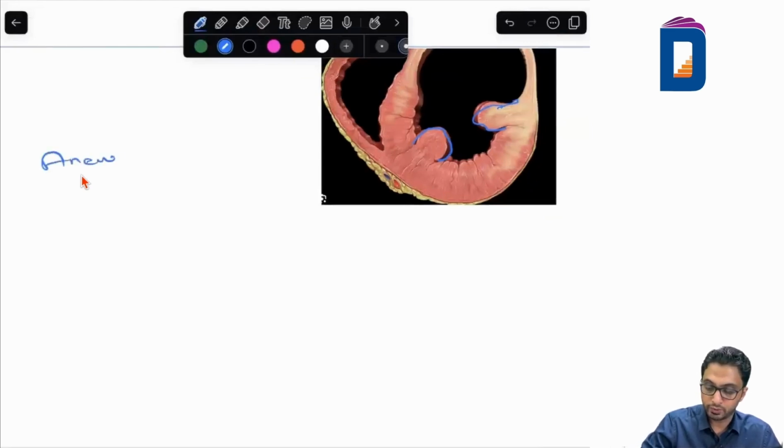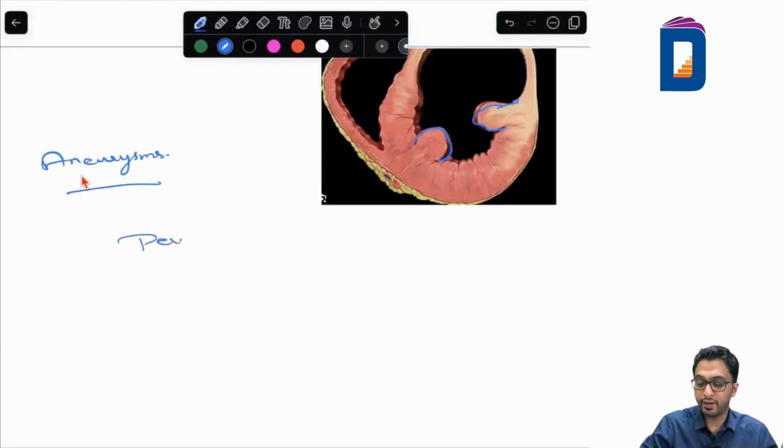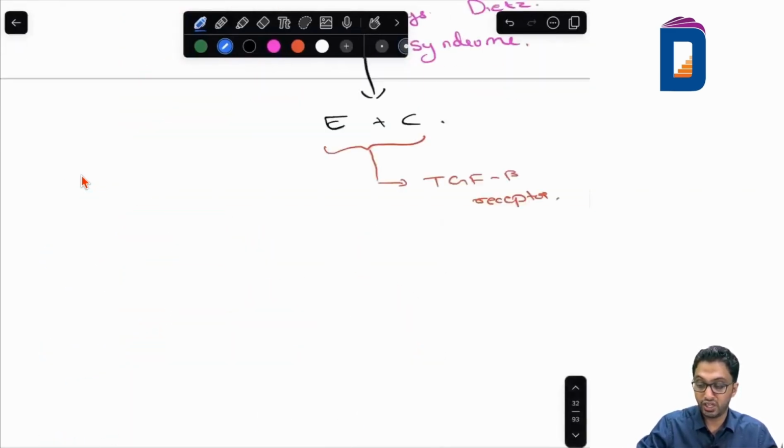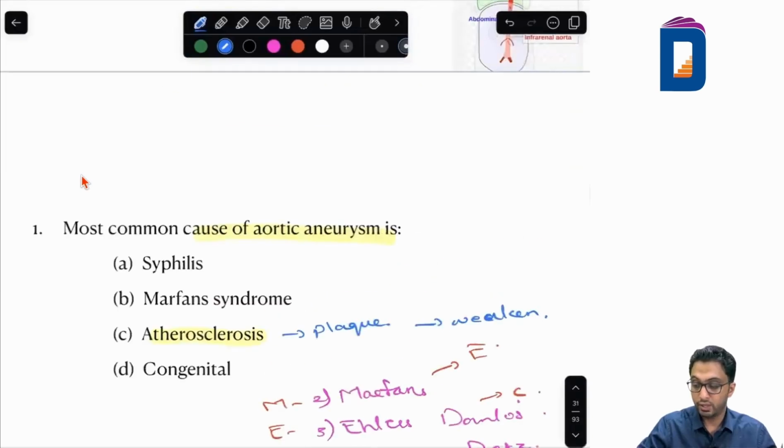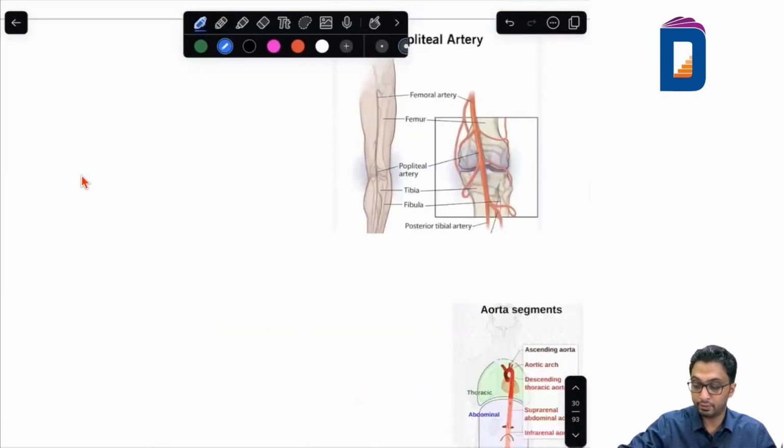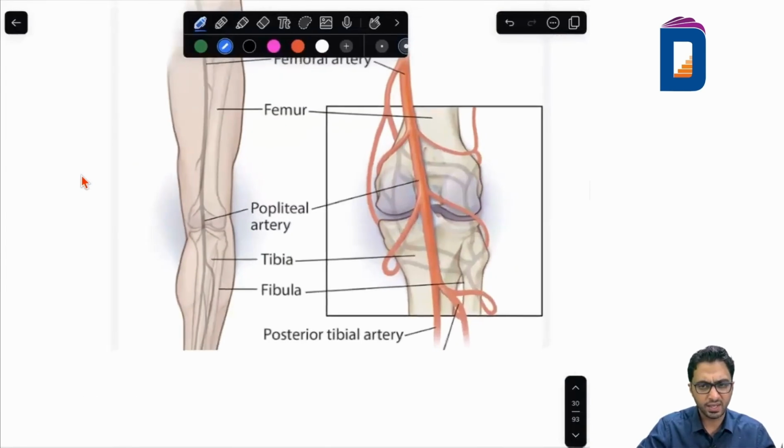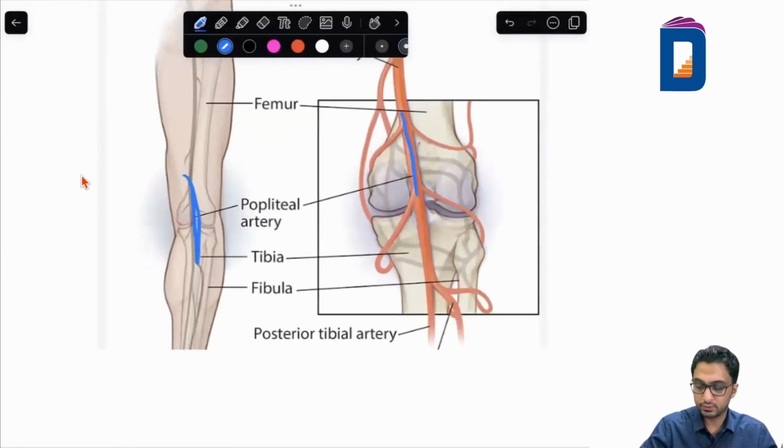The most common peripheral vessel to undergo aneurysm, as I've told you, is the popliteal artery. Basically, the popliteal artery is something related to your knee, which is associated with your knee. So that's one thing.